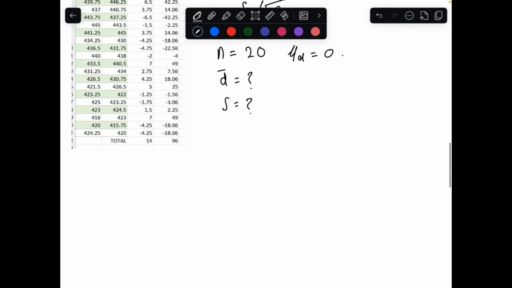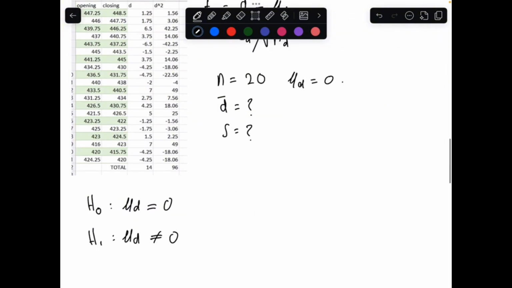So H null equal to 0, H alternative not equal to 0. Oh, I forgot alpha equal to 0.1.